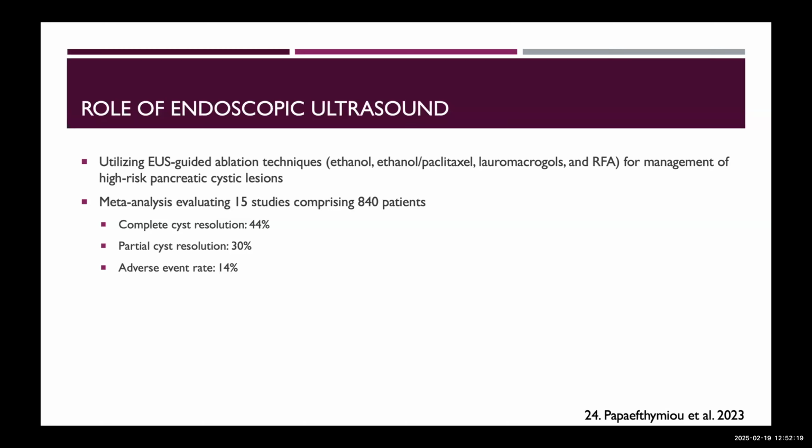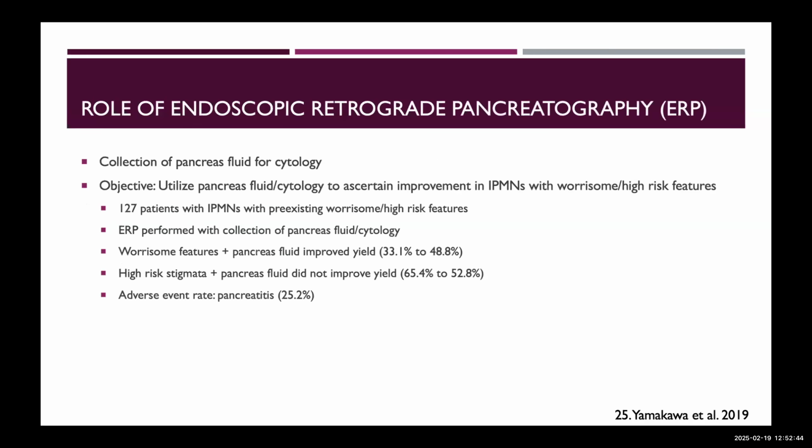Complete resolution of the cyst is mild to moderate, 44%. Partial cyst resolution, not great at 30%. And once again, the adverse event rate is quite high at close to 15%, with pancreatitis, bleeding, and so forth. Just remember that whenever you stick a needle into the pancreas, or burn the pancreas, or do anything crazy to the pancreas, it is going to respond in some way that is unfavorable for the most part.